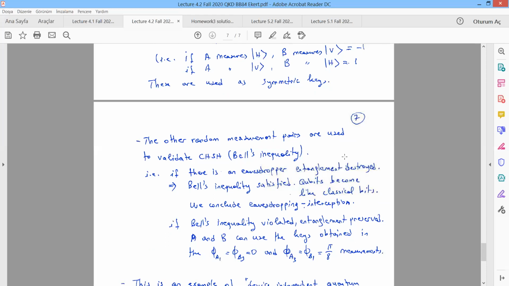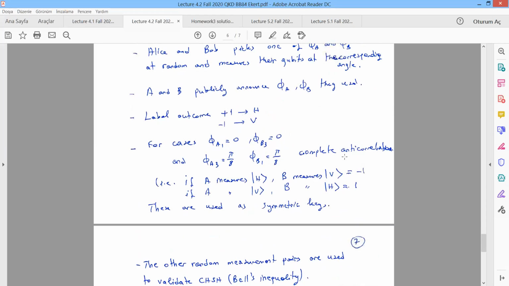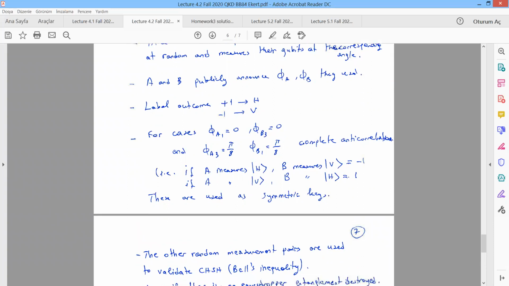If it turns out to be over 0.75, or maybe maximally 0.85, then that means the entanglement has been preserved, and there has not been any interception by an eavesdropper. So the keys obtained using the measurements 0, 0, and pi over 8, pi over 8 can be securely used as a symmetric key by Alice and Bob.